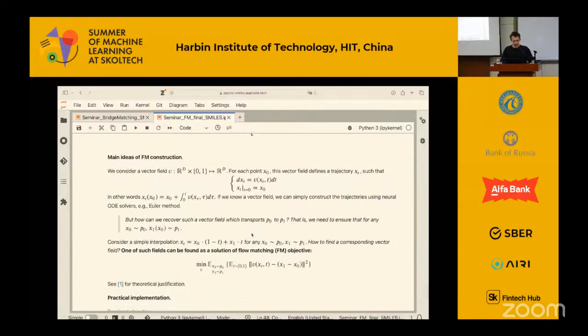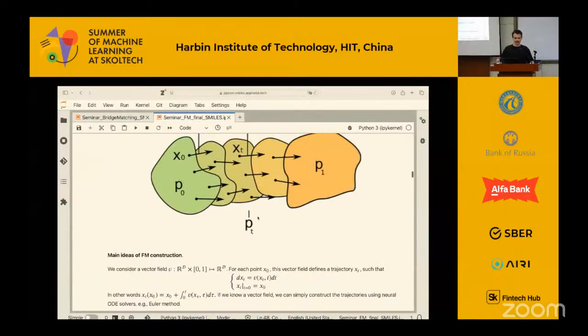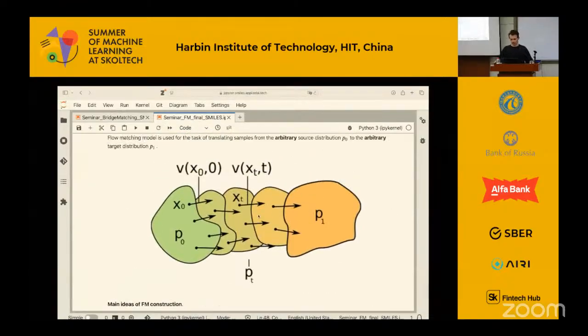So, this is great. How do we learn this vector field? How do we get it? Again, let's consider distributions P0 and P1 that we want to translate from one to the other, and some points from these distributions: a point x0 from distribution P0 and a point x1 from distribution P1.